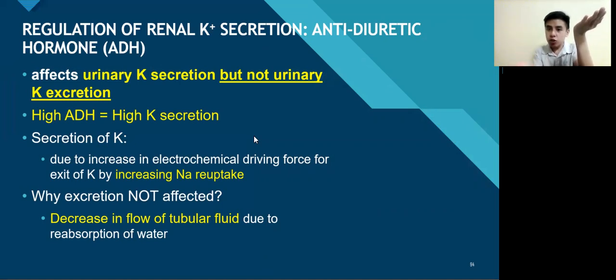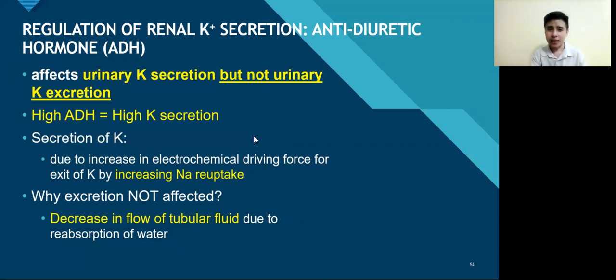So a decrease in tubular flow rate will decrease potassium secretion. So overall, they just nullify each other. That's why excretion-wise, it's not much affected. Excretion-wise, balance.